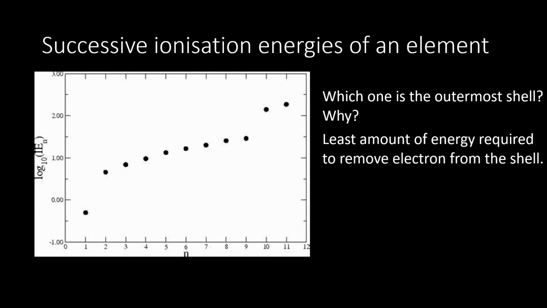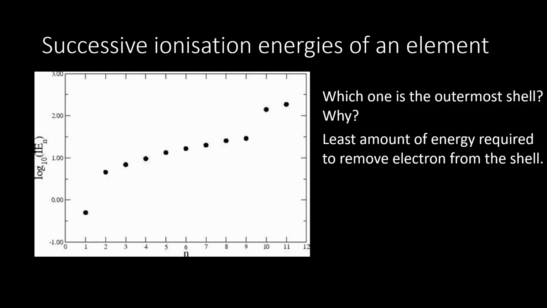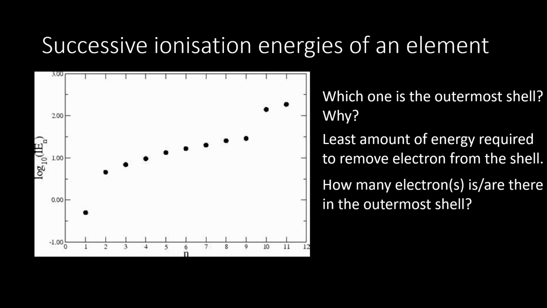Hence, if the electron is in the outermost shell, the electron would require less energy to be removed. By knowing which one is the outermost shell, we can then deduce how many electrons are in the outermost shell, or how many valence electrons the element has.